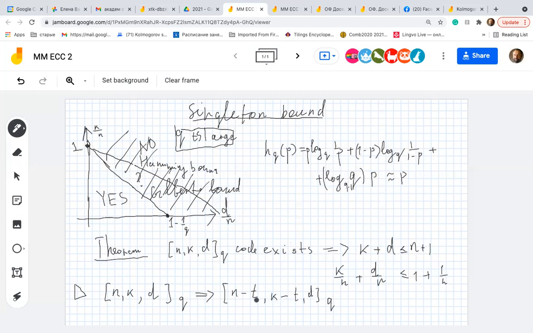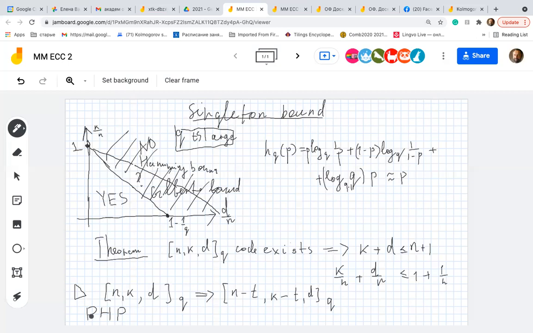For any t which is at most k, otherwise this is negative, using the following simple observation. We will use the so-called pigeonhole principle. In Russian, it's called the rabbit principle or Dirichlet principle.